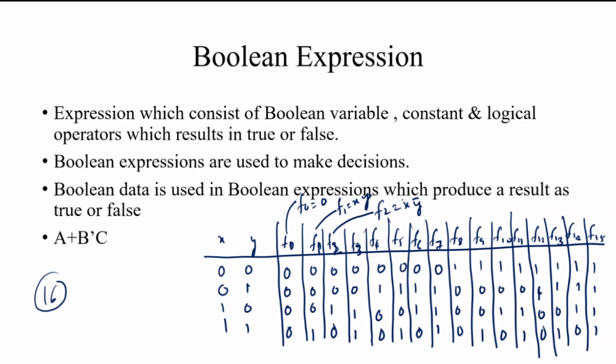Here x is 1 and y is 0, so its complement gives 1, and both x and y complement are 1 into 1, which is equal to 1. For whatever other values of x and y, whether 1 1, 0 1 or 0 0, the output is 0. Similarly for f3, there are two possible combinations in which the output is 1, that is 1 0 and 1 1.